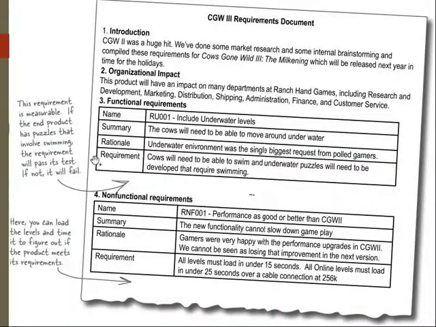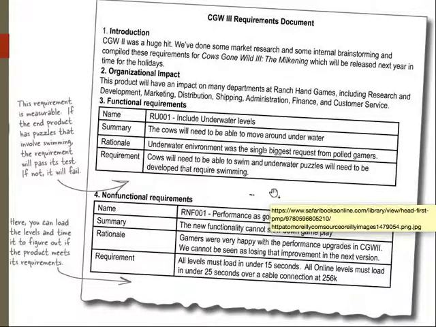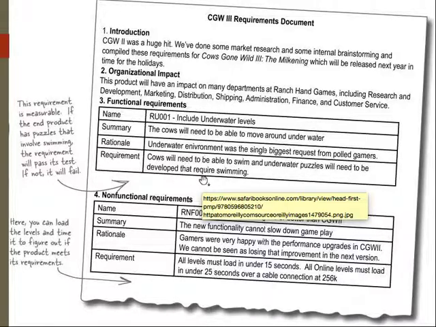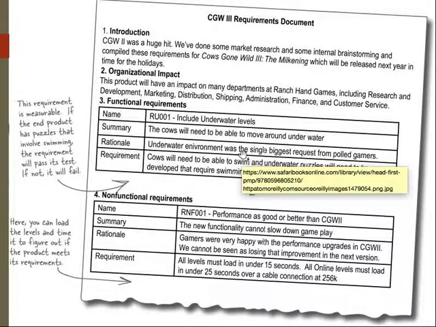They think it's fun. So your requirements will become: cows can swim, and solving some puzzles underwater should require swimming. Some activities in water or underwater can earn the game player some reward. So this is a functional requirement.